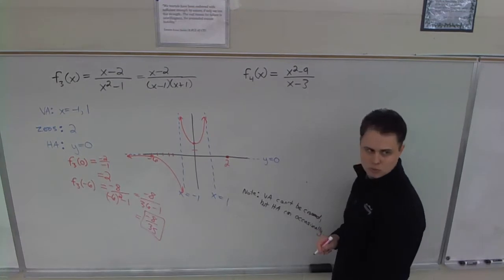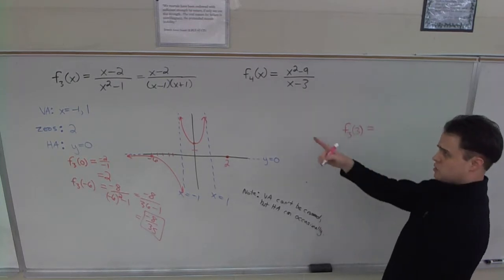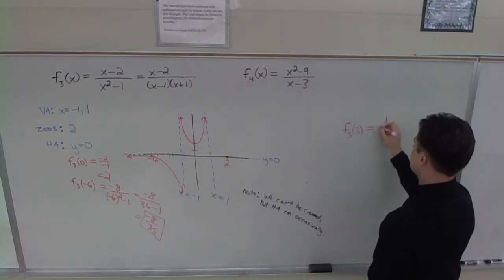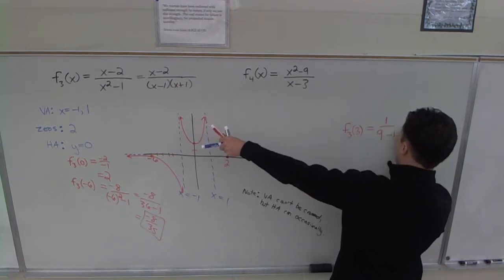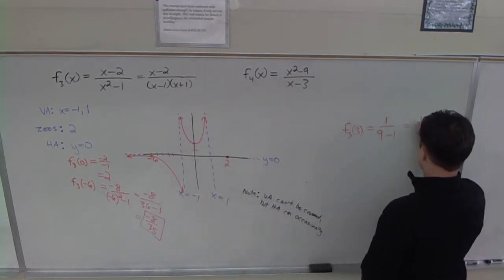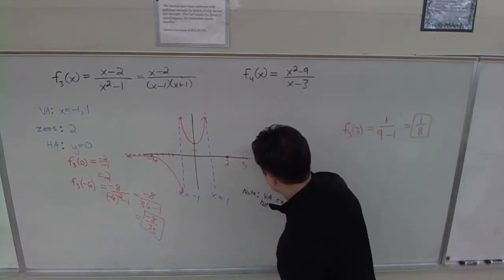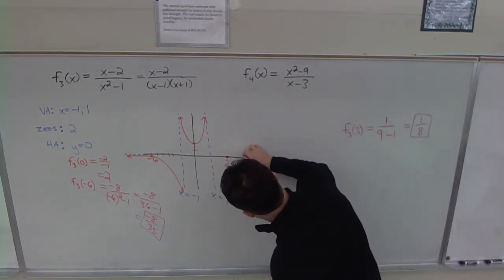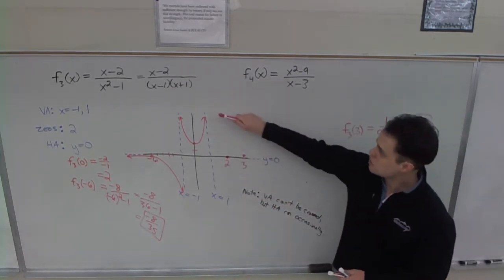You guys want to pick 3? Okay, so we'll plug in 3. So let's see, if I go 3 minus 2 on top, I get 1. If I go 3 squared, that's 9 minus 1. Oh, that's pretty nice. 1/8. 1/8 is positive, so at 3, it's up here, just barely above. So you guys tell me, does it do this?